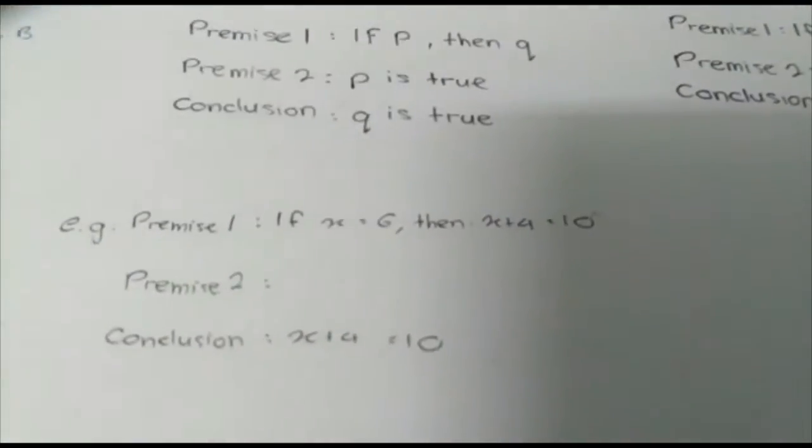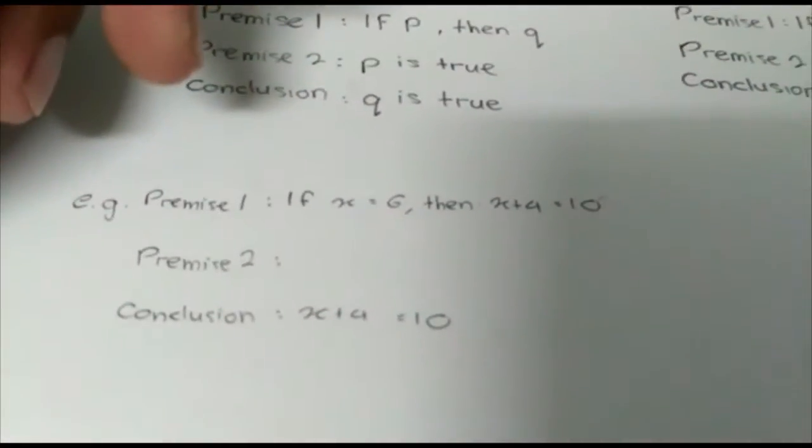So how do you write premise 2? You just write this first statement before the comma. So the answer is x equal to 6. That's the answer.